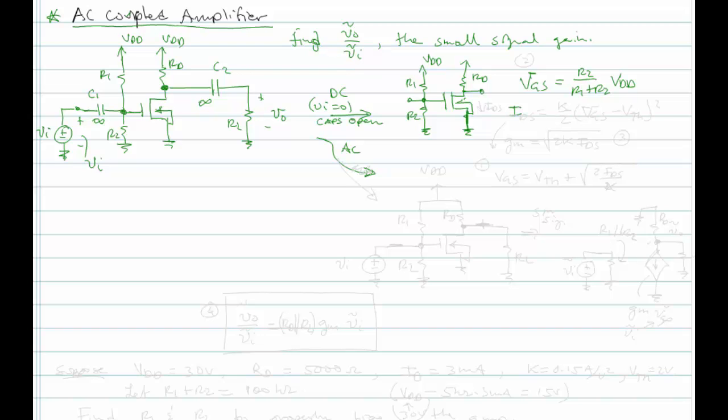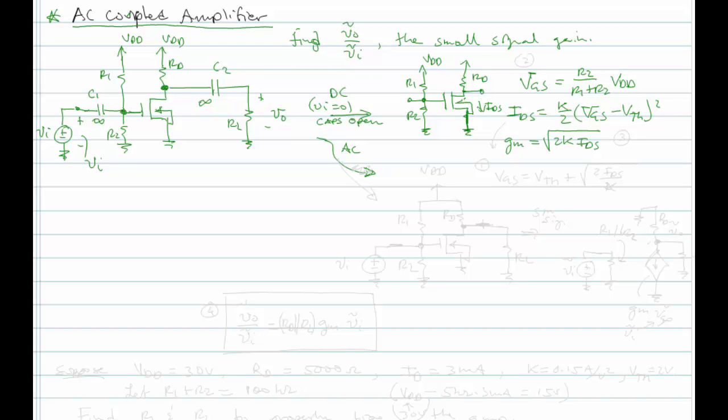And we could write that IDS, the current flowing here, is equal to K over 2, big VGS minus V threshold, quantity squared. And we could determine that the small signal gain, or the transconductance of the amplifier, is the square root of 2 K IDS. And that IDS being the IDS that we would calculate here from our VGS, and the VGS is going to come from our R1 and R2 and VDD.